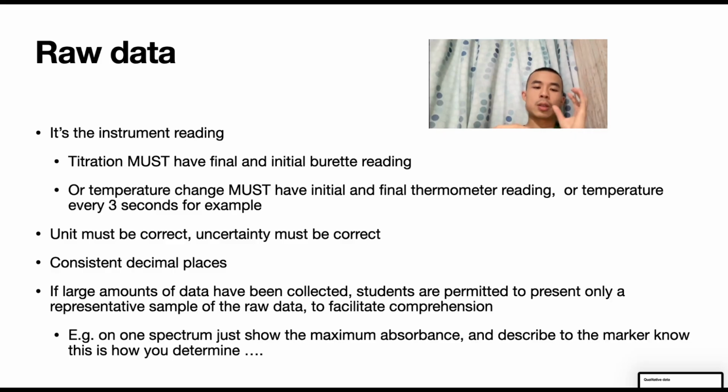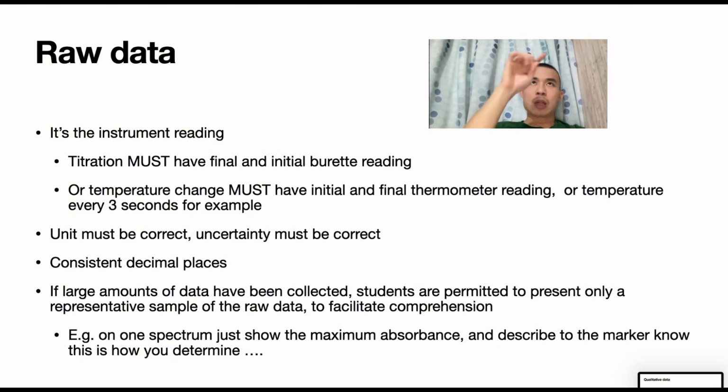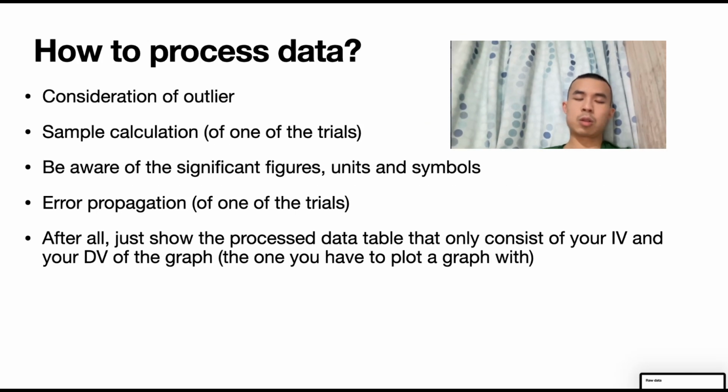So let's say, for example, maybe for some of you, you take a whole spectrum, but you maybe only need the maximum absorption. Then, of course, you're not going to provide me every single time the whole spectrum. You just show maybe one of the samples, let me know that you're actually using the maximum absorbance, and then the rest is simply raw data, stuff like that. It's okay, it's fine.